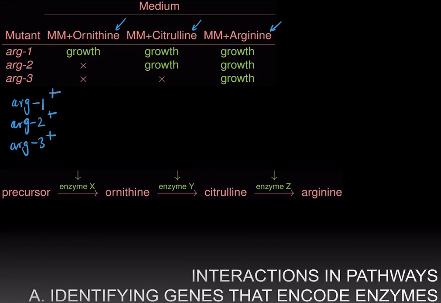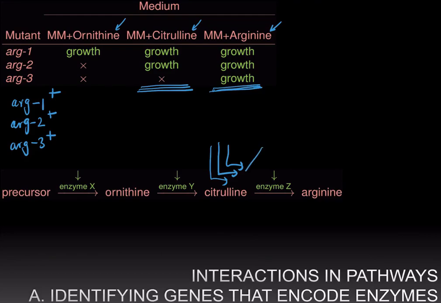genes. And we note that in the comparison between the minimal medium supplemented with arginine and minimal medium supplemented with citrulline, in the arg3 mutant, even if you supplement the medium with citrulline, and so you're adding a bunch of citrulline over here, you still cannot get growth.